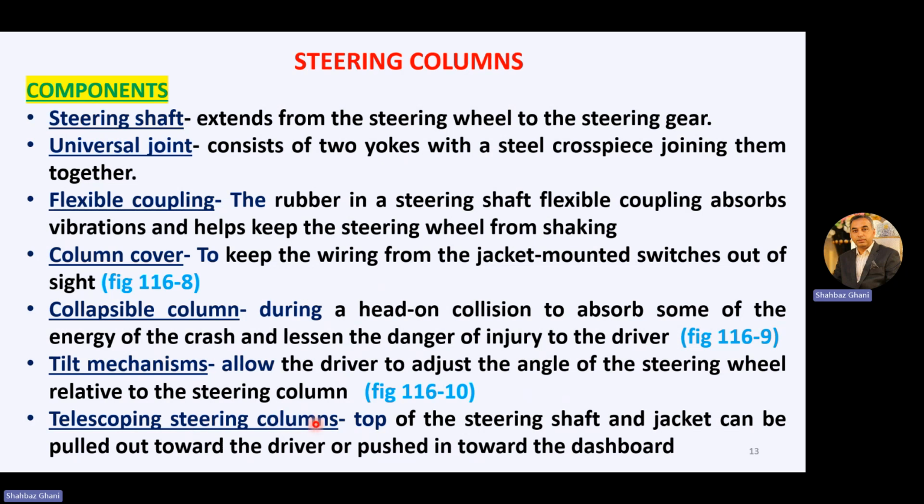Previously, in old vehicles, these two things were not there, but in all modern vehicles, we have both the tilt mechanism and the telescopic steering mechanism. Basically, it is pushing in and pulling out the length of the steering shaft to ease the comfort of holding the steering wheel.